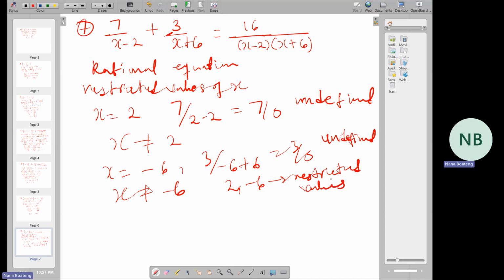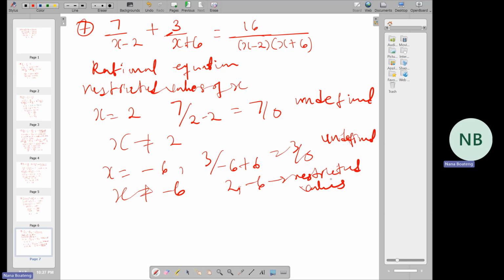Right? And one way that we also call these kinds of rational equations is conditional. They are conditional equations because their result depends on restricting the value of x not to be either 2 or negative 6.